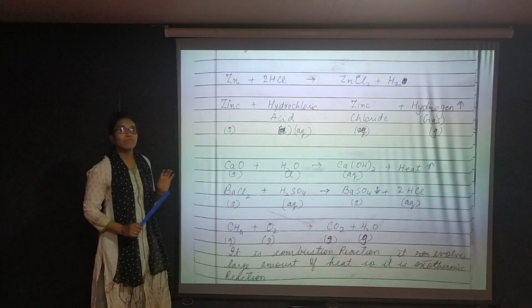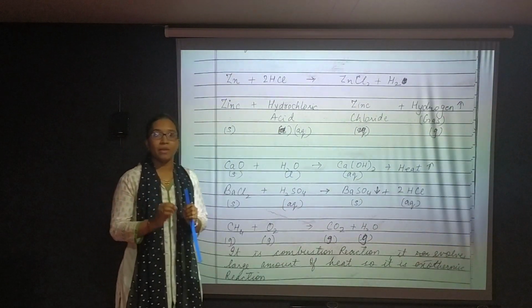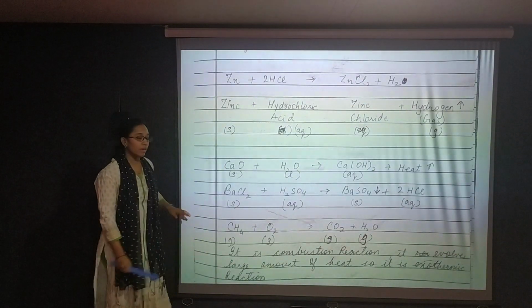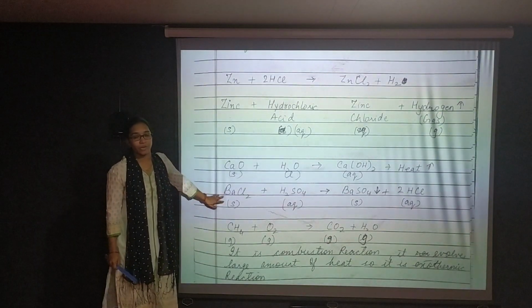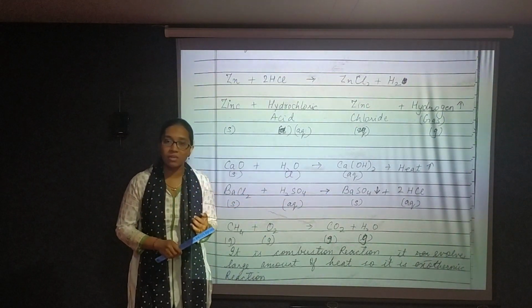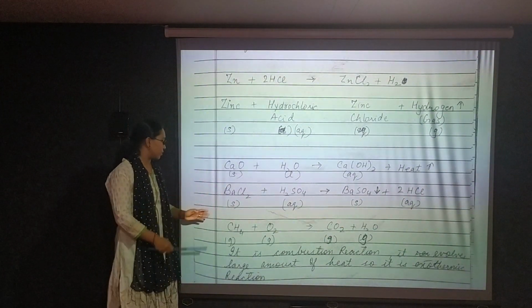Now, in any chemical equation, your answer will be marked incorrect if you do not write the physical state and if you do not balance the equation. Every time you write a chemical equation, it should be balanced and the state of matter should also be written in that chemical equation.